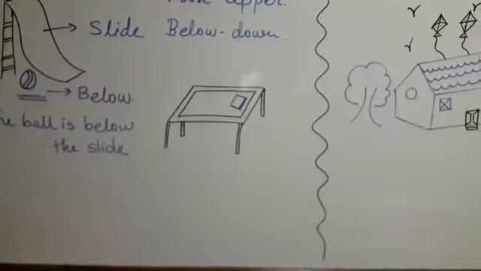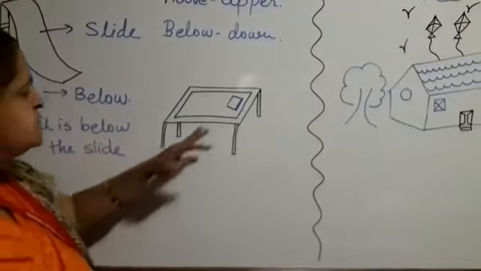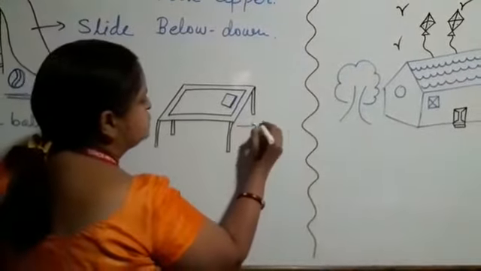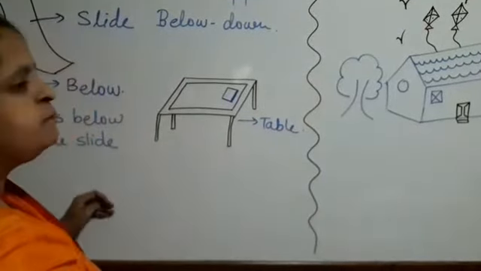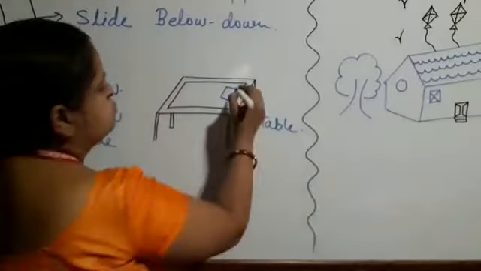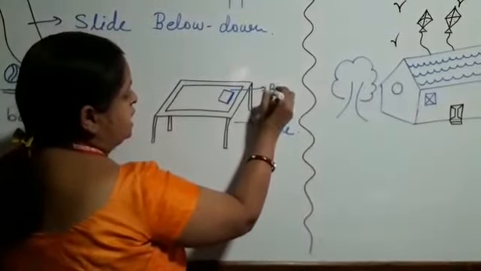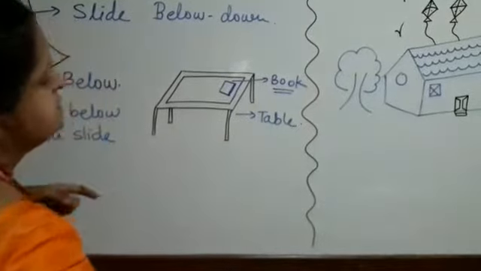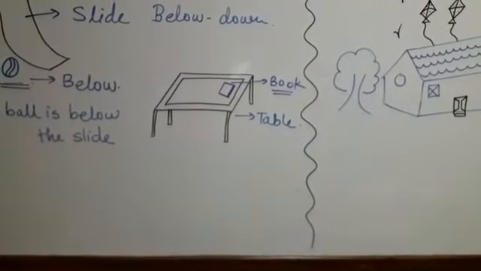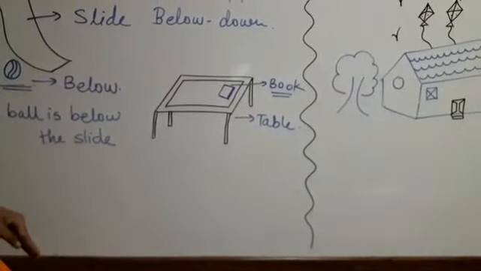Now let's see the another picture. You can see it is a table. You have seen the table? Yes. It is a table. On that table one book is there. एक book है. Book. Yes. Then it is upper side or down side?